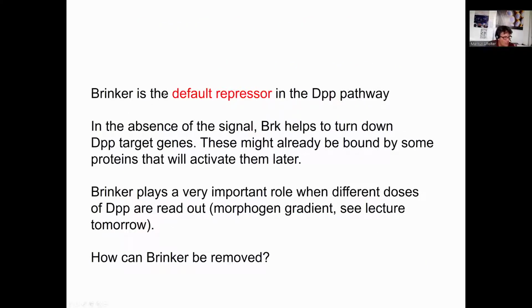So this is a summary of Brinker. It's a default repressor. It always represses unless DPP signaling is active. So in the absence of signal, Brinker helps to turn down these target genes. These might already be bound by some of the proteins, these tissue-specific factors that will help to activate later. But it's a safeguard mechanism.